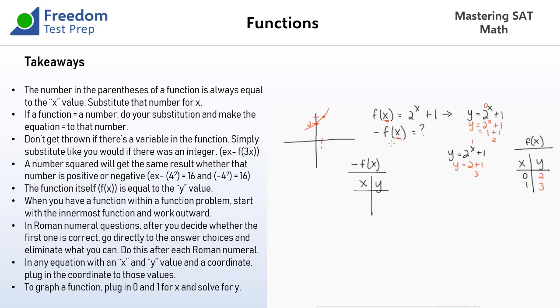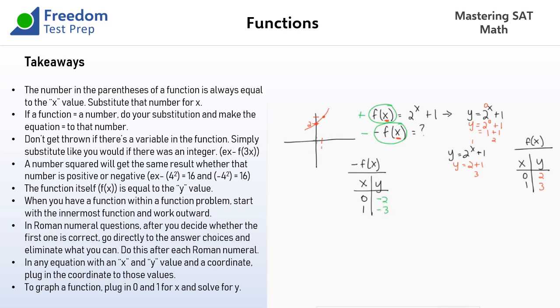Remember I said the x's stay the same. So we're just going to plug in 0 and 1. But now the y's are different, right? So here, I'm going to use a different color. Here, our y is positive. Here, our y is negative. So our y's simply look like the same thing, only negative.